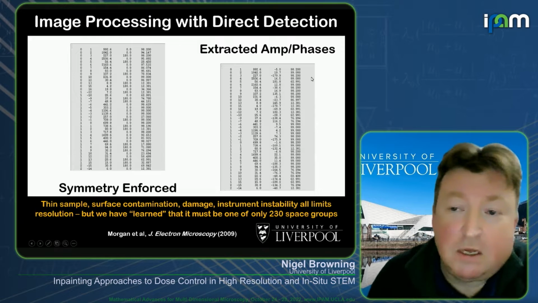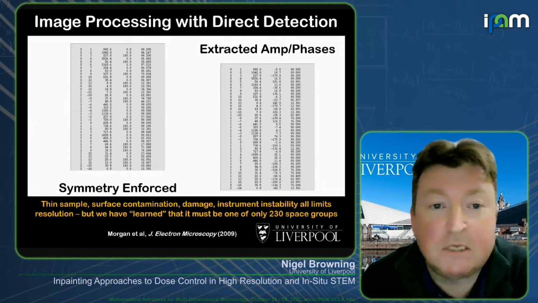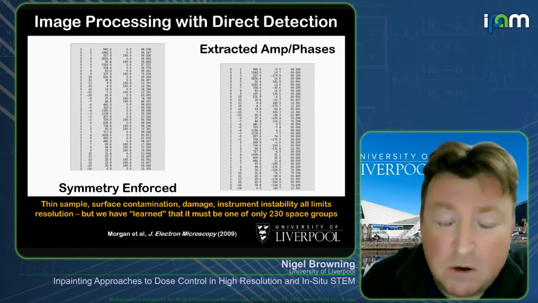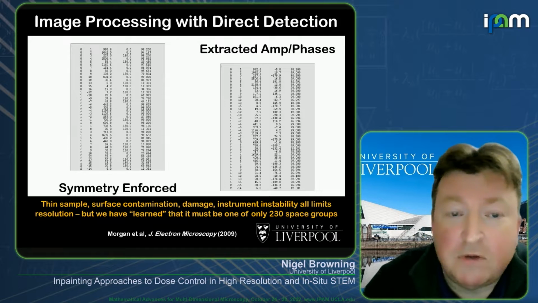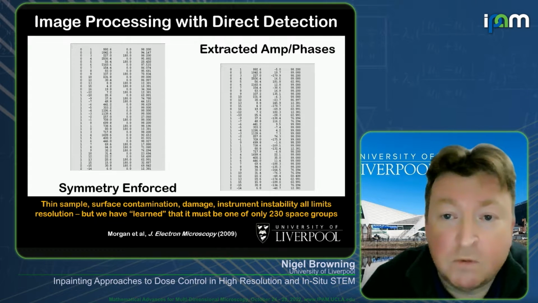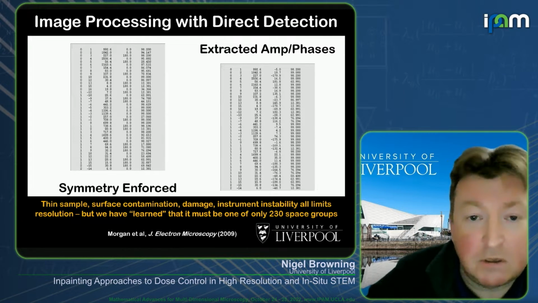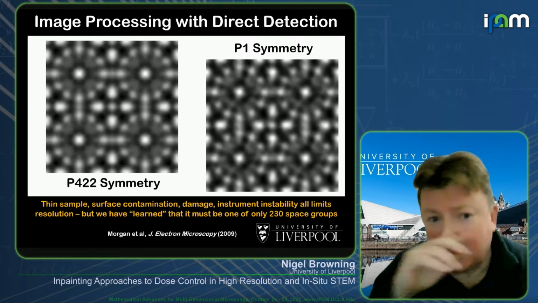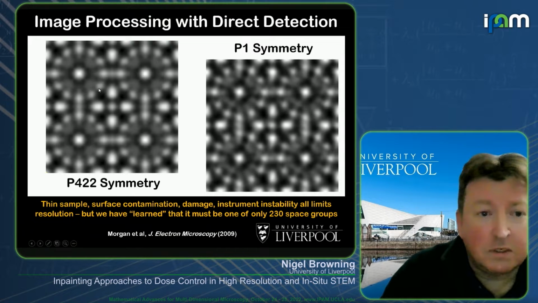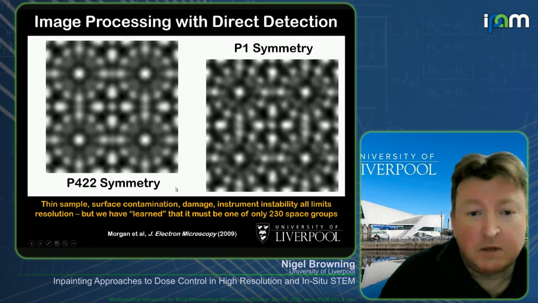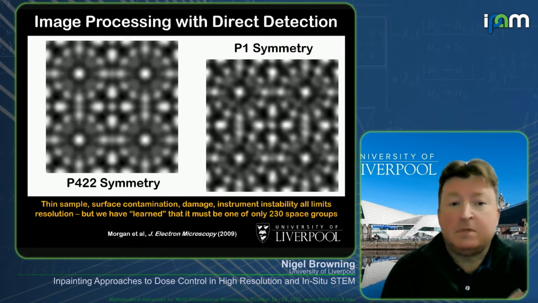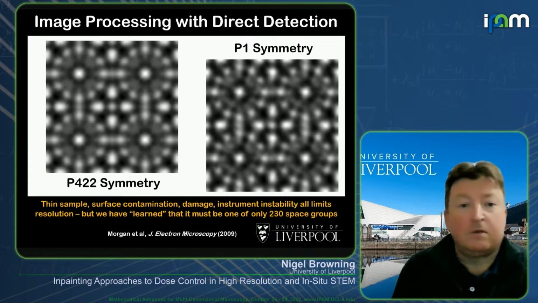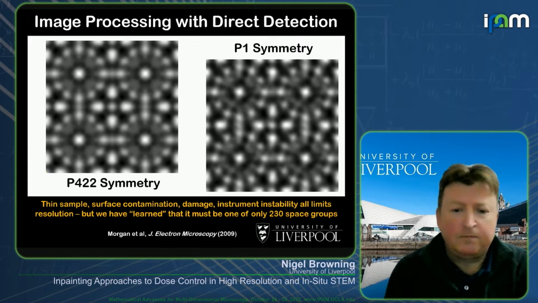And what you can do is say that using human intelligence and knowing that really it's got to be one of these 230 types of crystal structures, why don't we impose the phases in our Fourier transform to reinvert and get a better image coming out in the other way? And that's essentially what we've done here. And so what's done on the left-hand side is putting the right symmetry into the structure, and you get a very high quality image that comes out, which is essentially denoising the process as we're going forward.